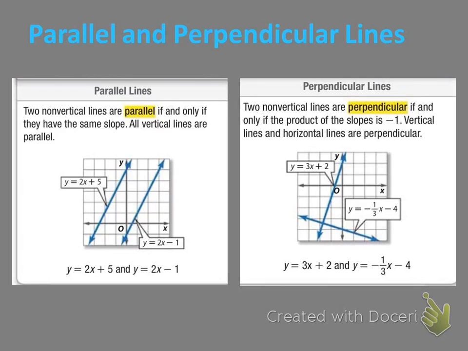If 2 lines are perpendicular, the relationship between their slopes is what? Very good, kiddos. Opposite reciprocals. That's the fancy words for it. The not so fancy words for it: flipped and switched. Remember that? Flip the fraction, switch the signs. Technically, opposite reciprocals.